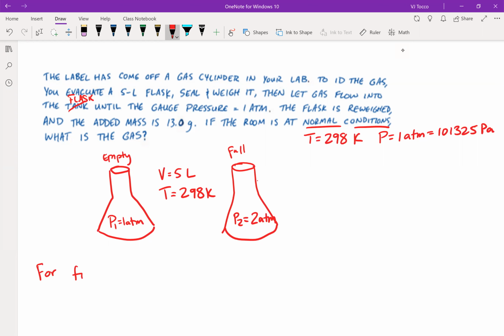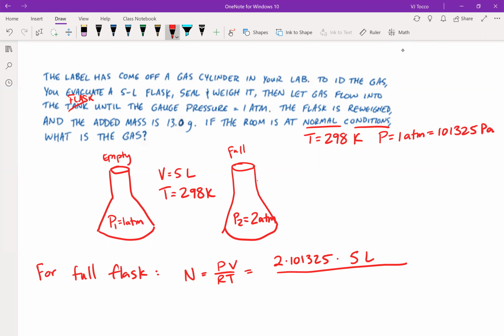For full flask, n is equal to PV over RT. And I'm going to do this one in SI units. So P is 2 times 101,325, 2 atmospheres times 101,325 pascals per atmosphere, times 5 liters.